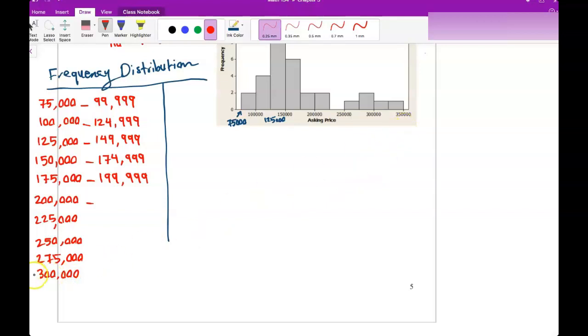And that is up to, okay, here we have 325,000. This is 224,999. 249.